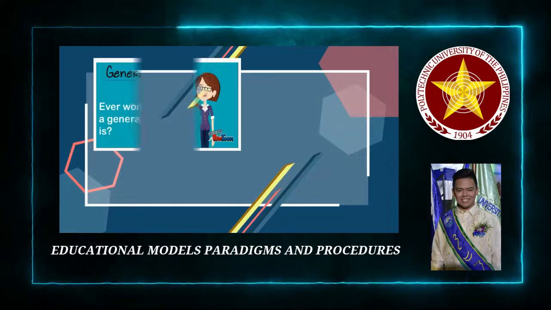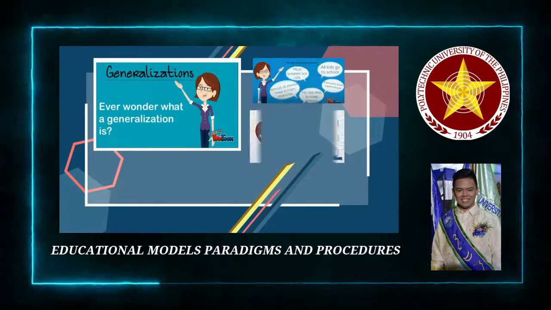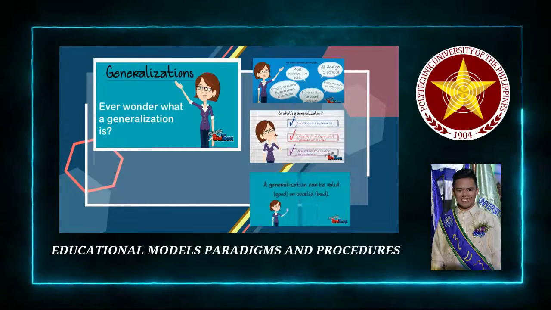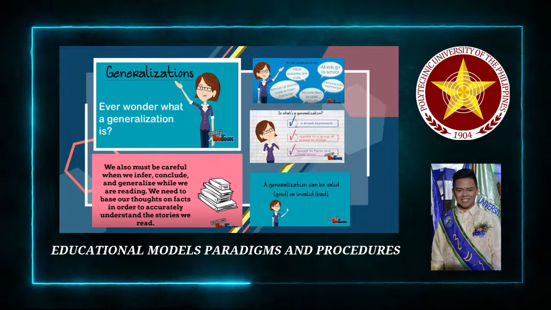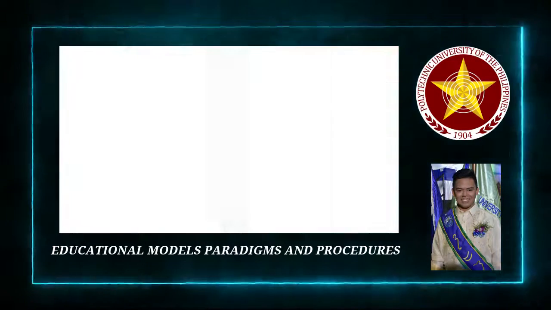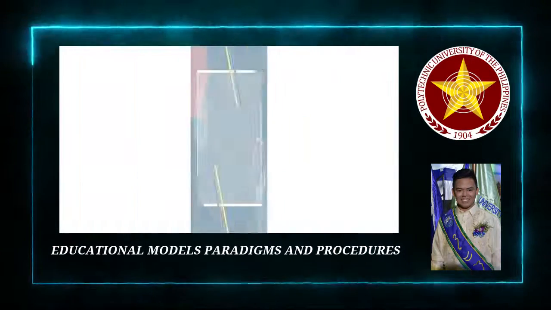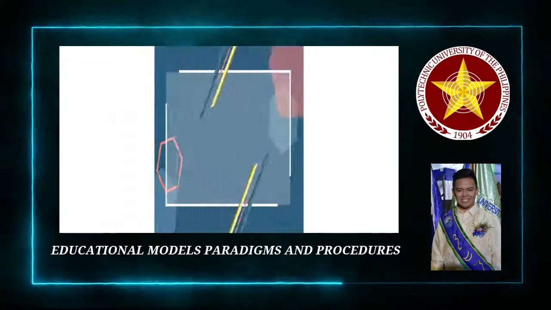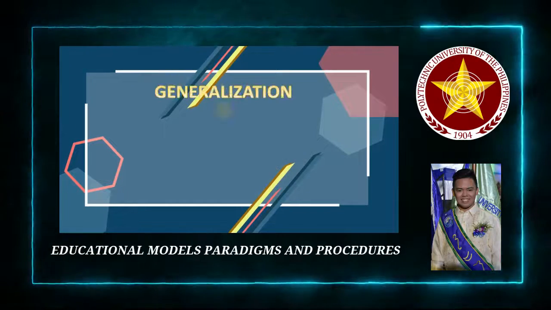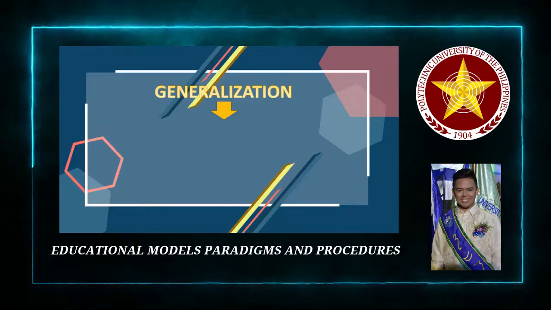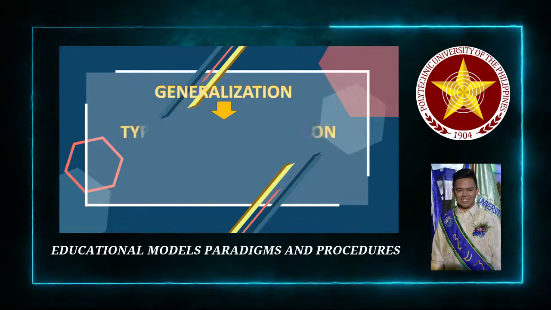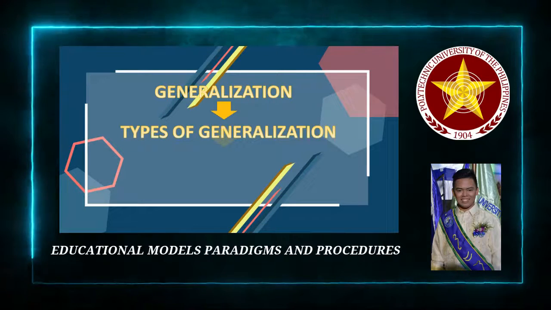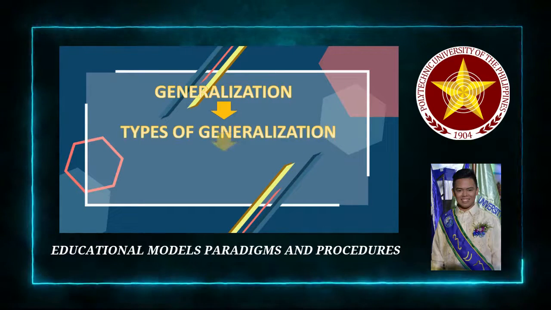The second video that I have is all about generalization, wherein generalization is all about summation or conclusion of ideas or things. In generalization, we have two types: the valid generalization and invalid generalization. A valid generalization is considered good, and invalid is considered bad.